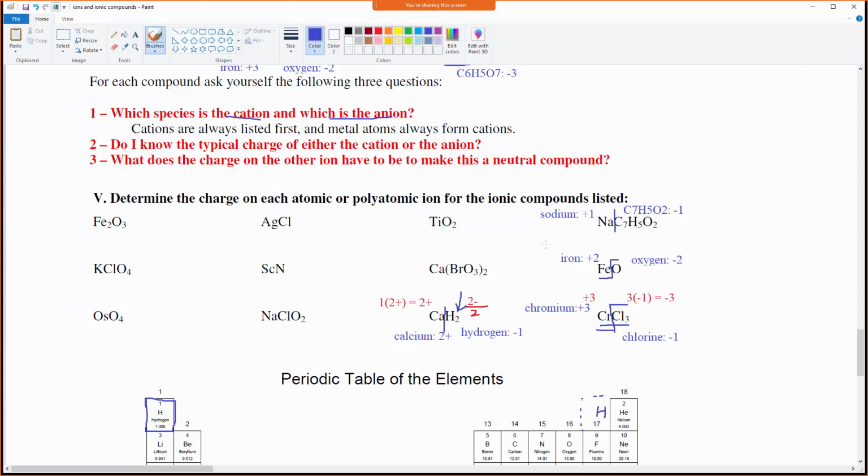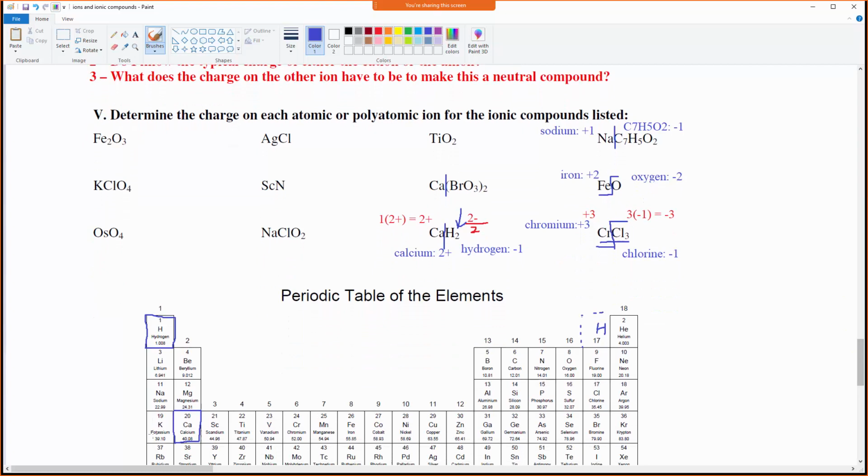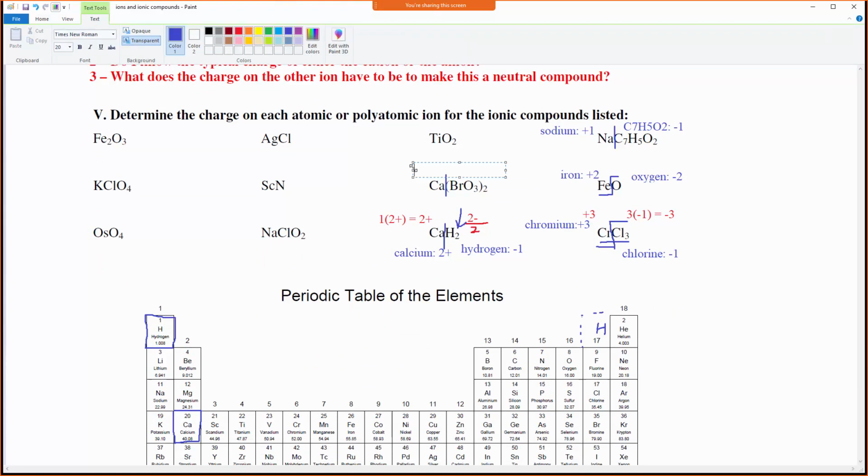Which is the cation, which is the anion? Calcium is the cation, perfect. And then this thing is the anion, and Zach notes that Ca is in the second column, so it's got a charge of +2 again. Okay.